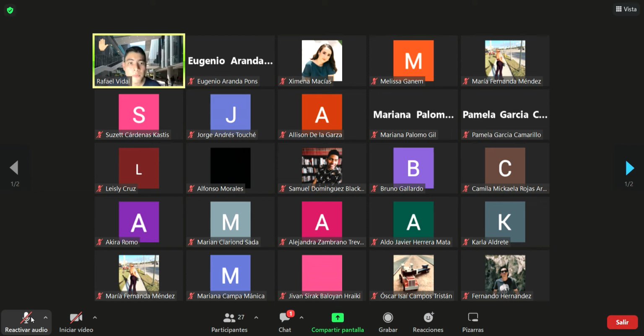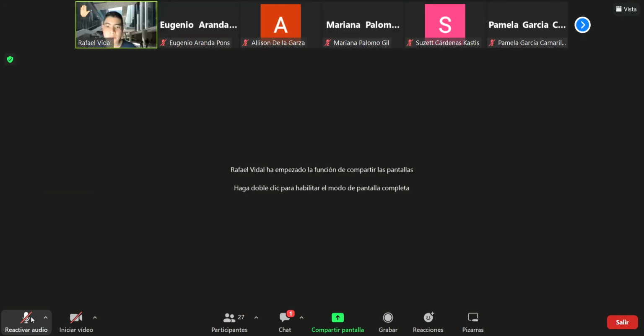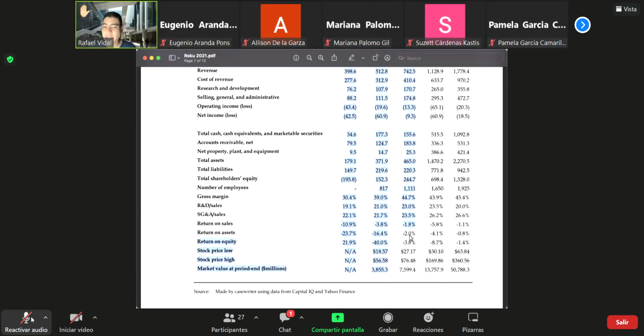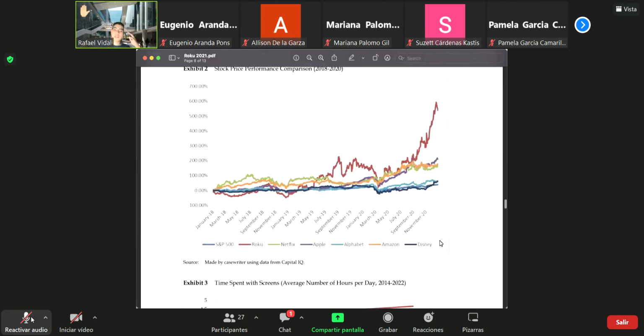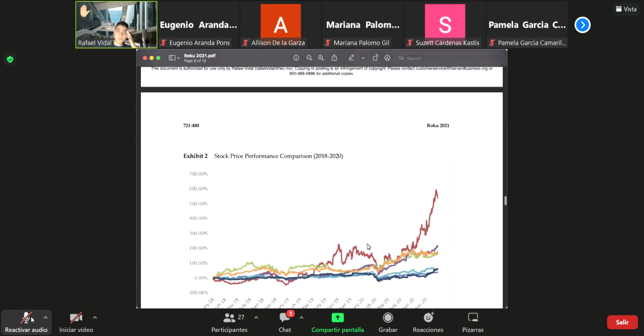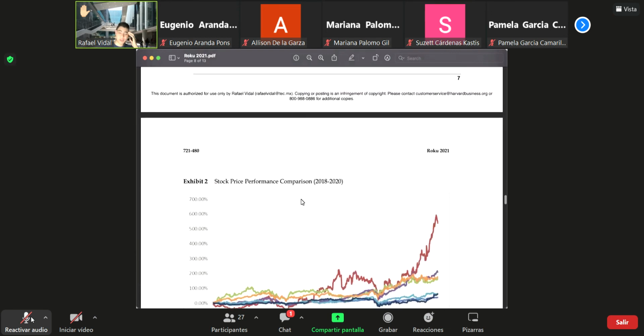For Roku, it's kind of interesting because we see a negative number, and you'll see why. When you look at the different graphs, you see how bad Roku is doing in the stock market. It's not sustainable, actually.